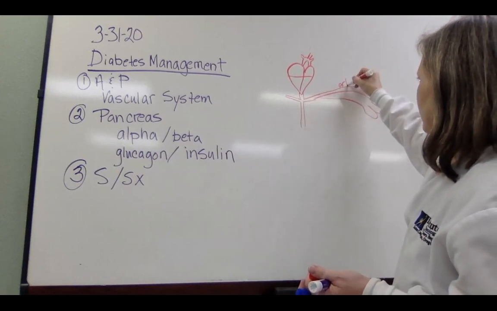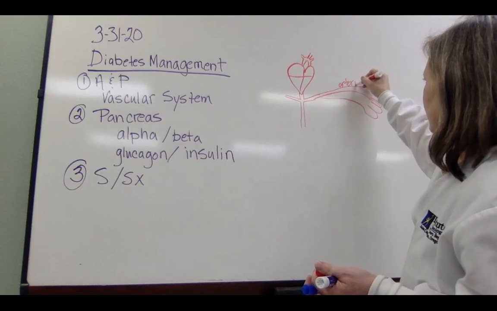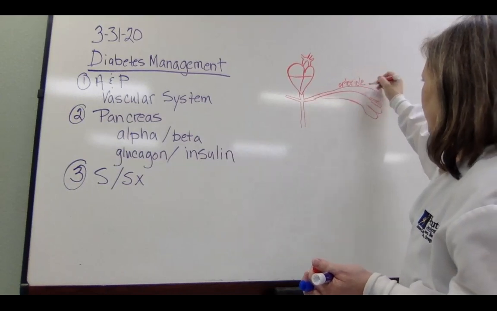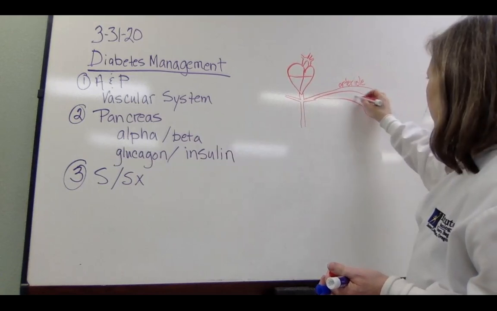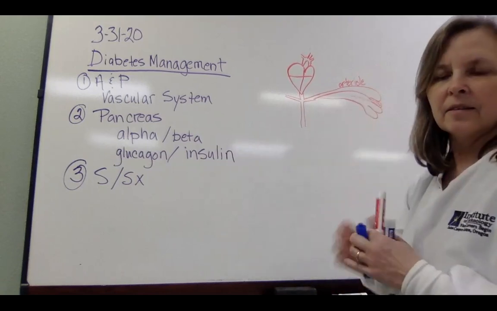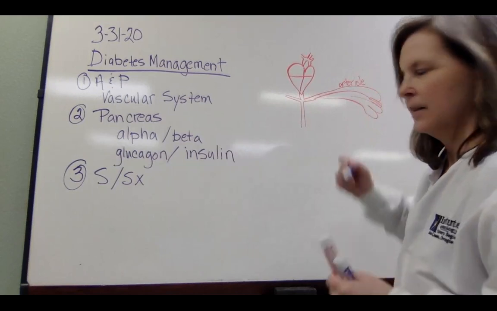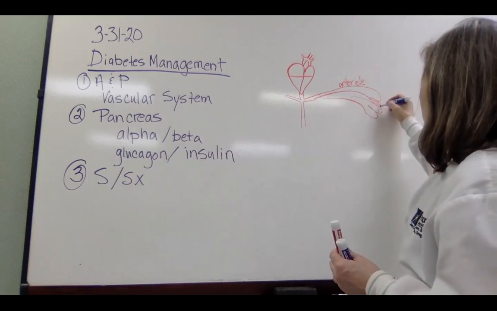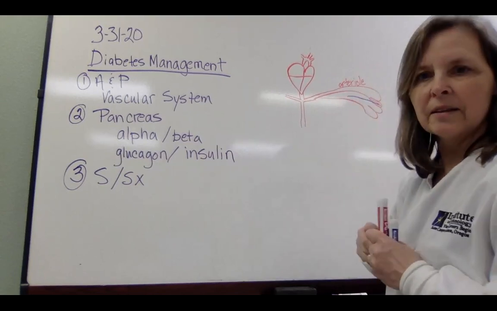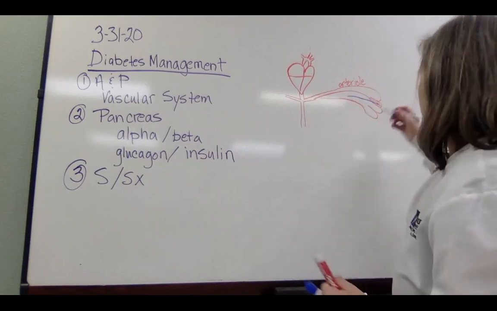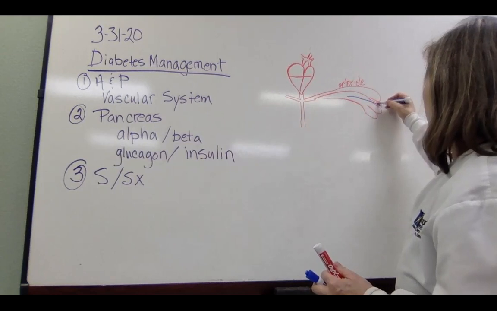As it gets smaller, it's called an arteriole, right? We're just remembering the names right now. And then when it gets to the very end, and it's going to turn around and come back, it's no longer an artery, is it? It's a vein. But before it's a vein, it is what? Capillary. It's capillary, so it's kind of purpley.